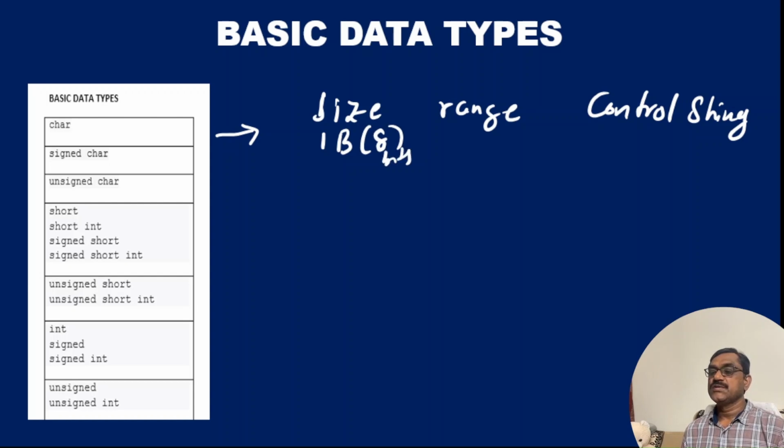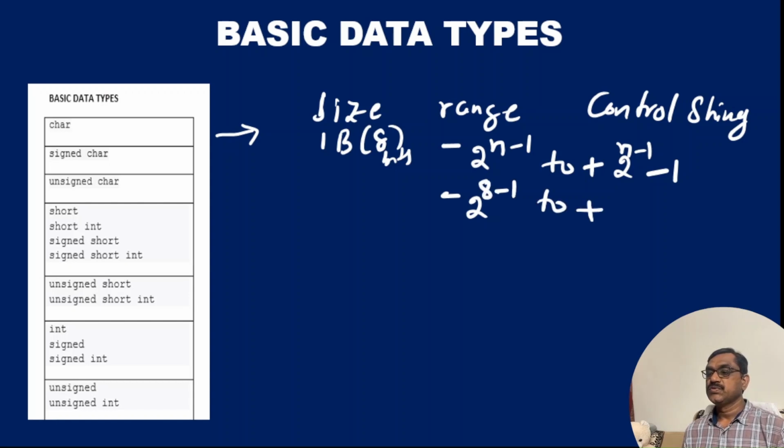Now, how to find the range? To find the range for every basic data type, use this principle for signed ones. The principle is minus 2 to the power of n minus 1 to plus 2 to the power of n minus 1 minus 1. In this case, for the character, n means number of bits. 8 bits: minus 2 to the power of 8 minus 1 to plus 2 to the power of 8 minus 1 minus 1.